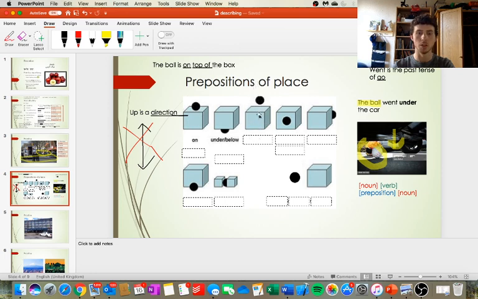What is this one? So this one is over or above. Above.